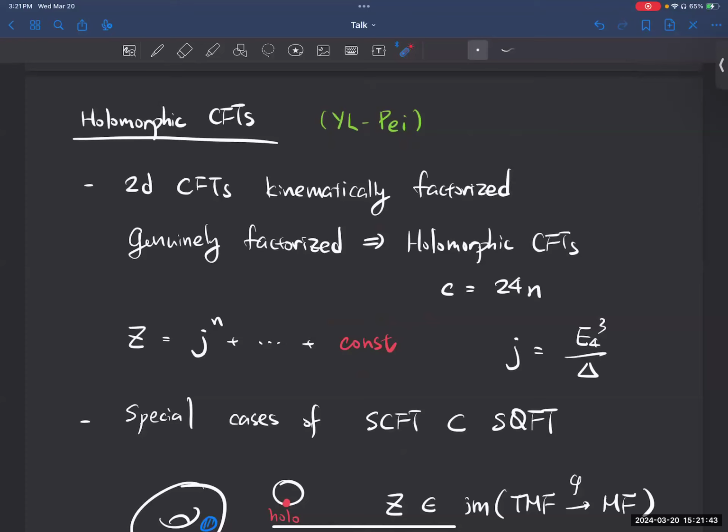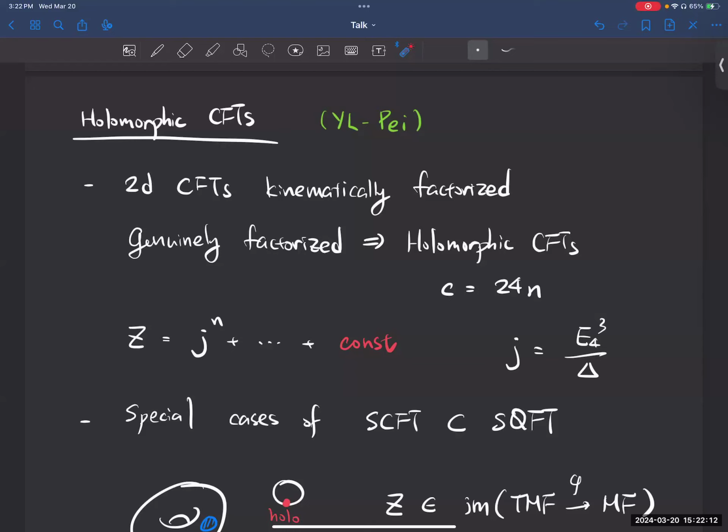Now I'm going to talk about a simple application of this conjecture, or this set of ideas, which concerns holomorphic CFTs. General 2D CFTs are kinematically factorized, but they're not truly factorized, because for locality reasons you have to have some kind of non-trivial modular pairing.